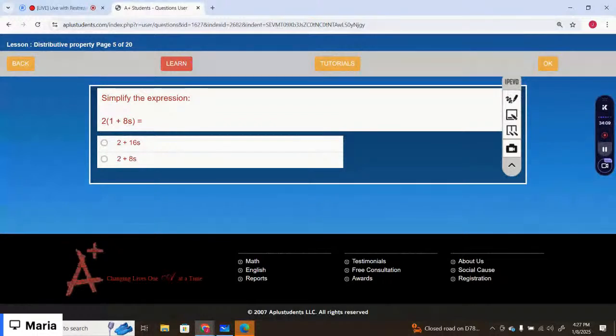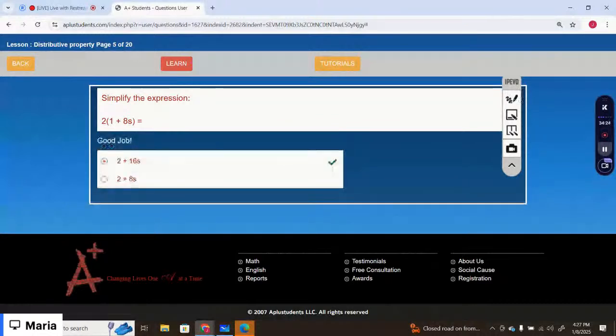Simplify the expression, which is the correct option. That is 2 plus 16s. Option number 1 is the correct option.